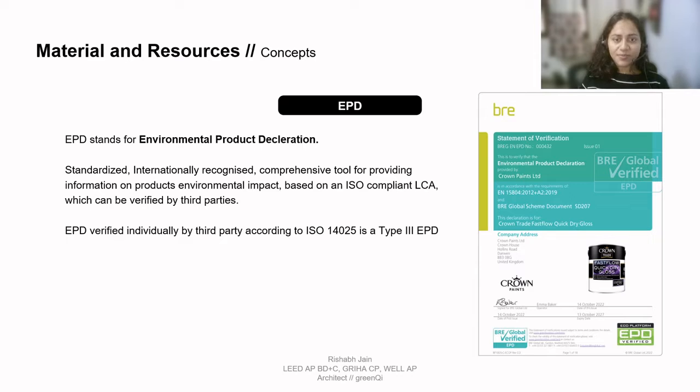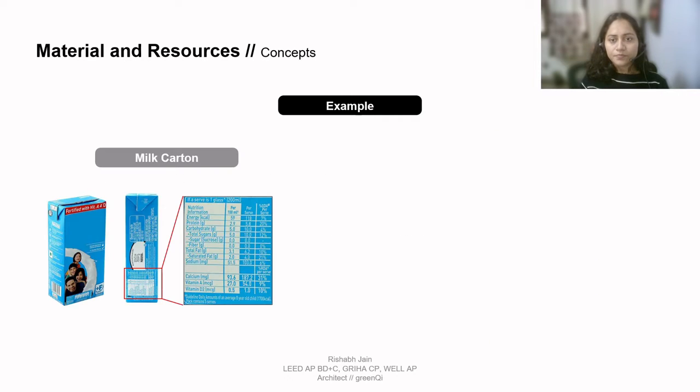An EPD is based on an LCA, and then it is again verified by third parties. That's where you arrive at these product declarations. This is verified by a third party as per ISO 14025, and this is done for a Type 3 EPD. Type 3 EPD is the EPD which has been verified by a third party.